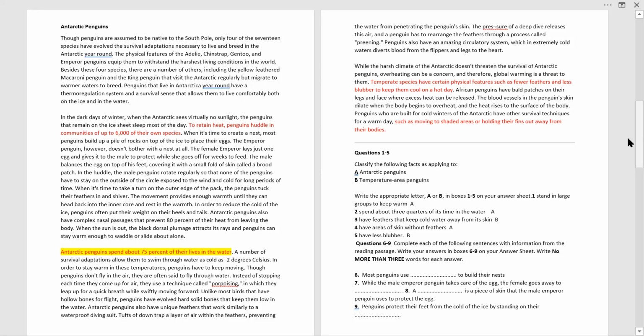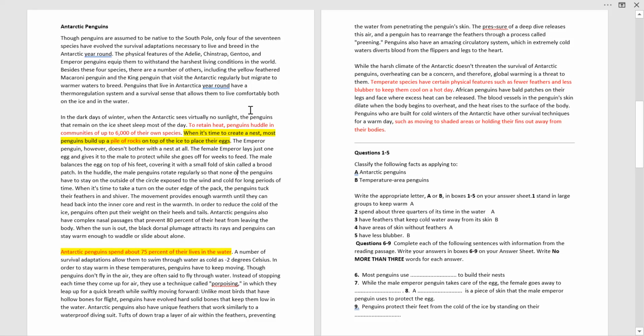Nest building is in the second paragraph. When it's time to create a nest, here it is. Most penguins build up a pile of rocks on top of the ice to place their eggs. So maybe the pile of rocks can be your answer here.